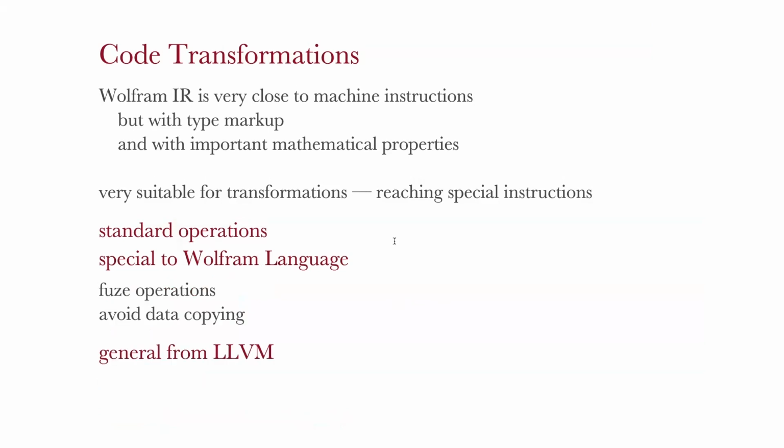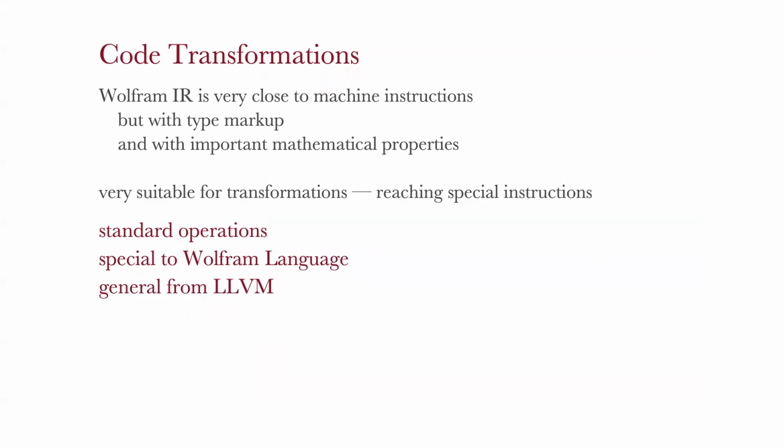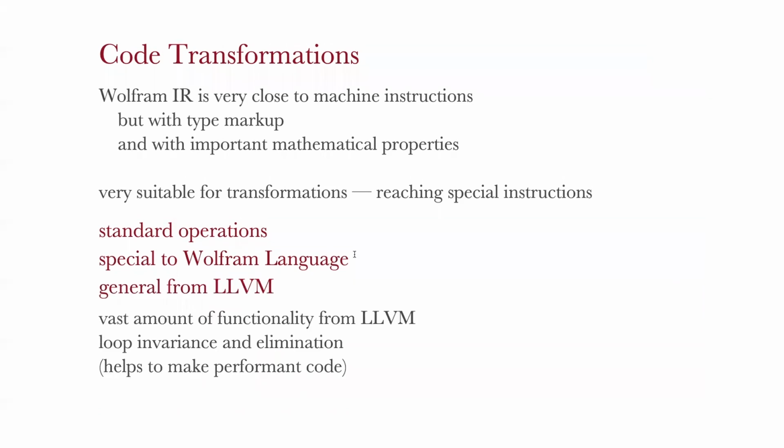Now, we have a few transformations. There's potential for optimizations that are special to the Wolfram language, based on knowledge of the Wolfram language, like fusing operations or avoiding data copying based upon Wolfram language semantics. And then there are other, more general, lower-level transformations that LLVM is very good at. There's a lot of functionality in LLVM for doing things like that. There's a lot of loop work, so lifting things out of loops, eliminating loops.